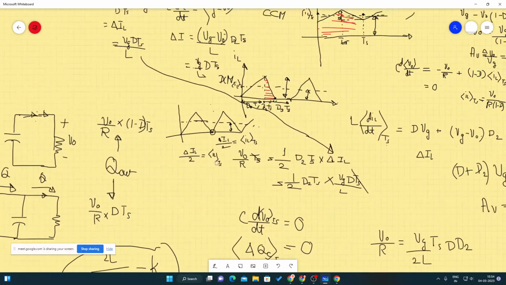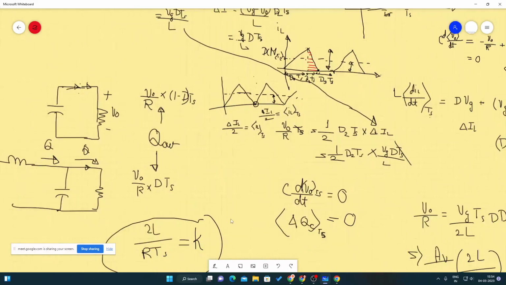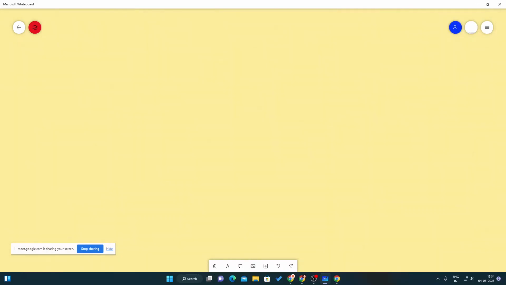Just observe and keep it in mind. So where is the DCM? Okay, let me go to a fresh portion. This is DCM, inductor current IL.